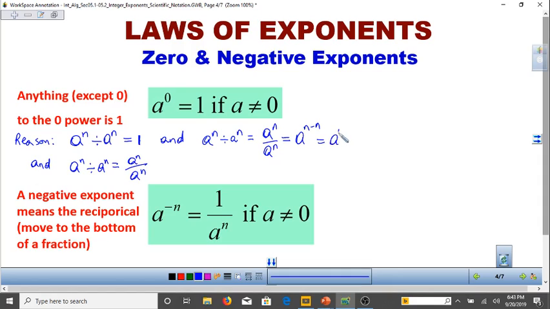So now there's a property of real numbers called the transitive property, which basically says that if a to the n divided by a to the n equals 1, and that same expression gives you something else that looks different, those two things are actually the same thing. So a to the 0 and 1 are the same thing, provided that the base is not 0.